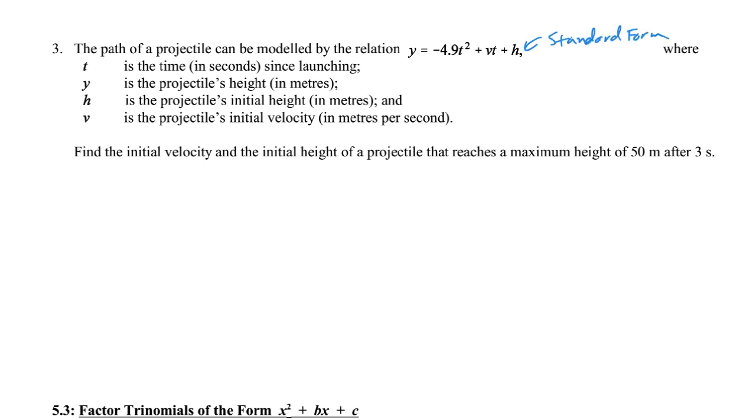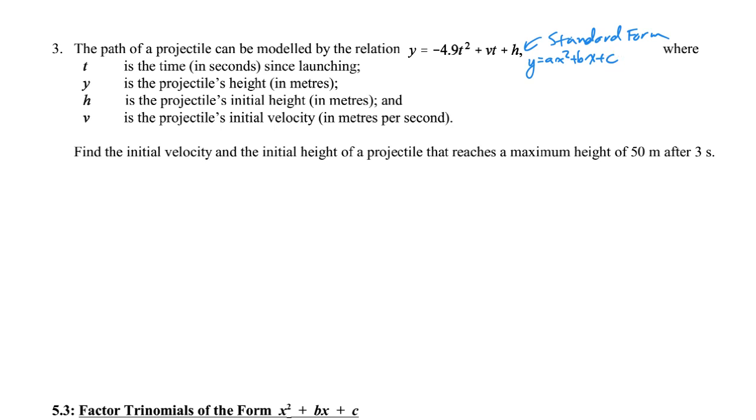So remember, the standard form for a quadratic is y is equal to ax squared plus bx plus c. And if you look at our equation, this is our a value, but we don't have our b and we don't have our c values that we have in our final equation.